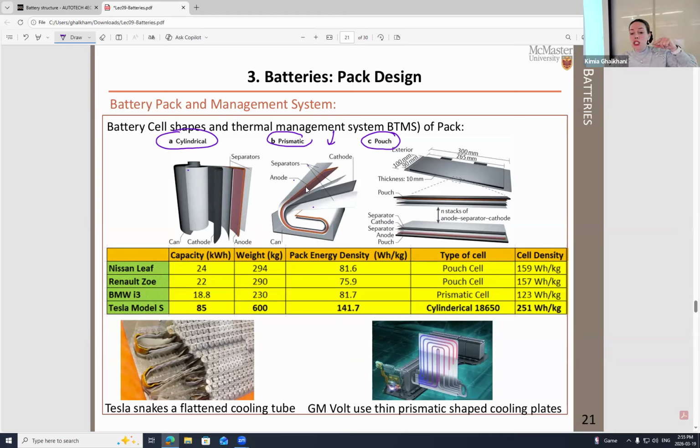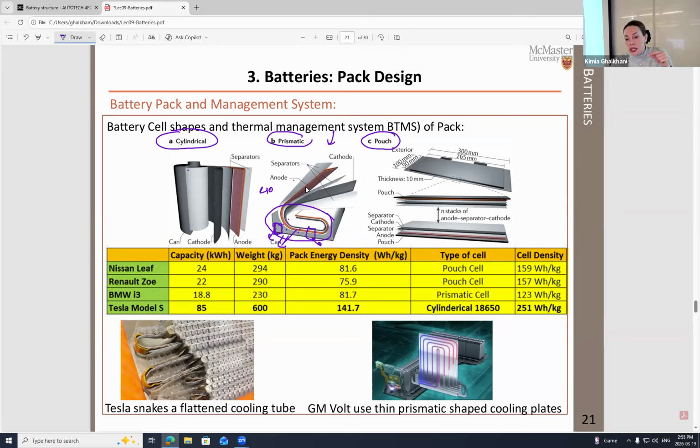But that doesn't mean it's a single cell, because after each fold, they install an electronic circuit, meaning all of the positives are connected to a positive tab, and all of the negatives to a negative tab, right? Therefore, they are considered single cells again. So if you have 4D fold, it means you have 4D single cells inside it.